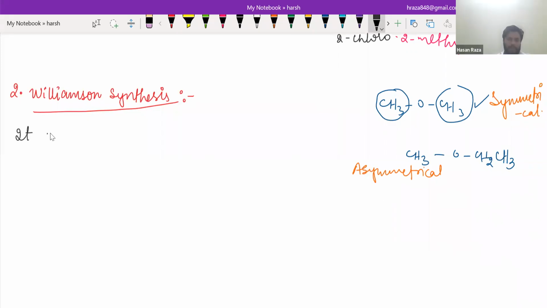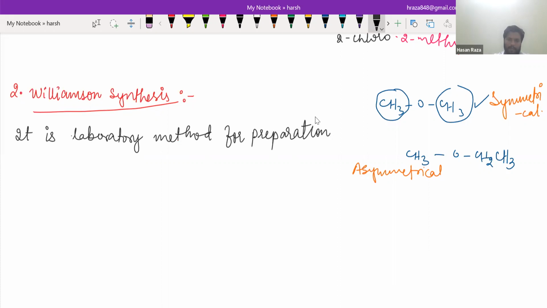It is a laboratory method for preparation of symmetrical and asymmetrical ethers.